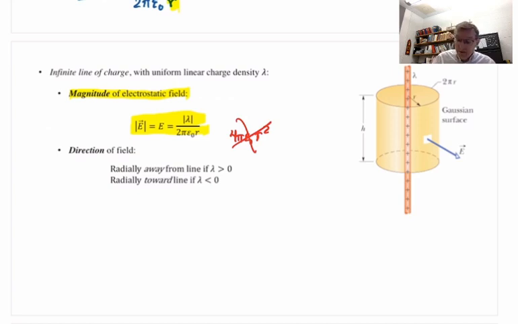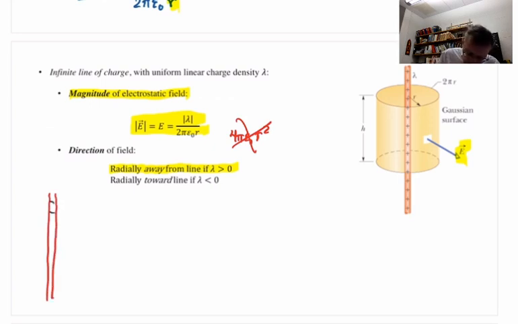Now we do have to account for the direction of the electric field. It's radially away from the line if the lambda is positive, just like this picture shows, right here. But what if the line of charge, draw it over here, had negative charge distributed uniformly along its length, so that the lambda we're talking about would be a negative number in coulombs per meter?